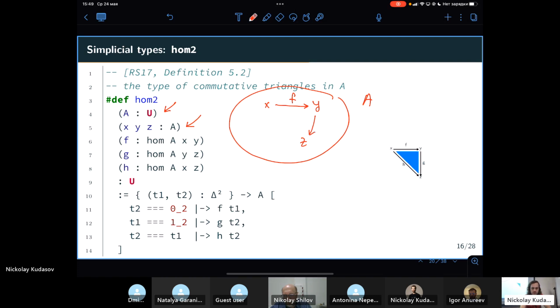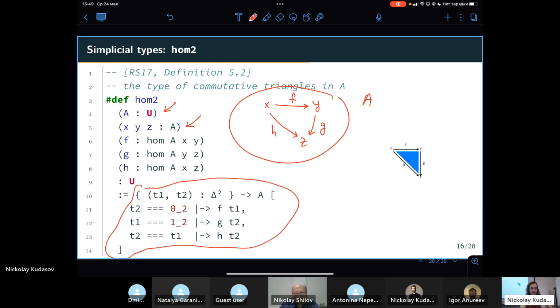G is from Y to Z, and H is from X to Z. This is H.